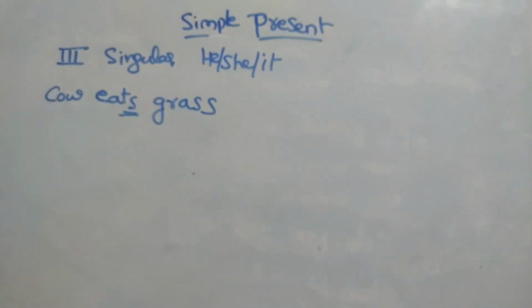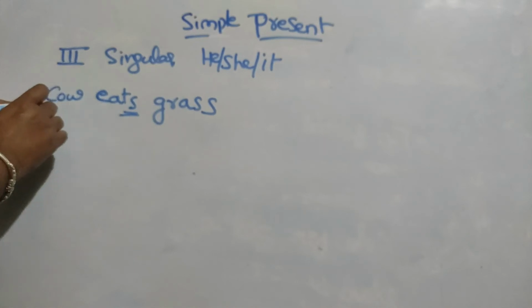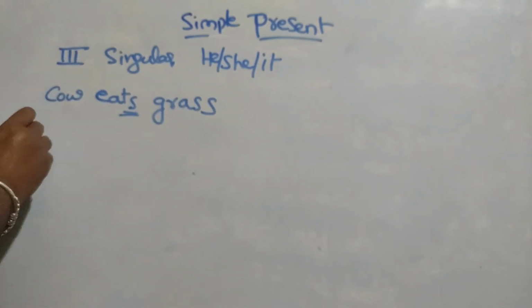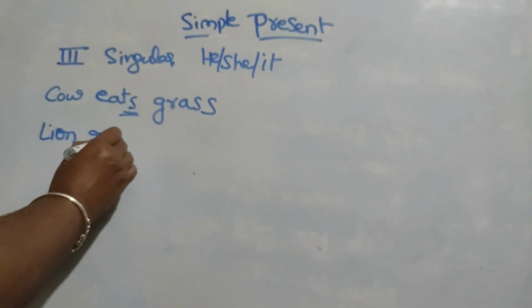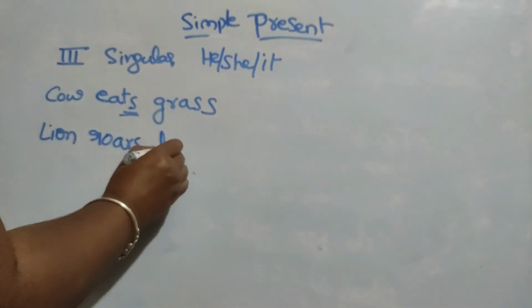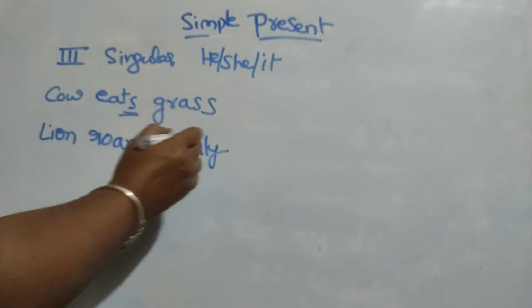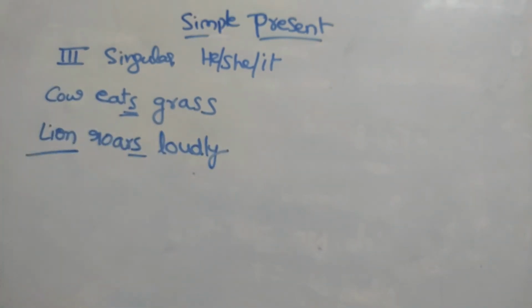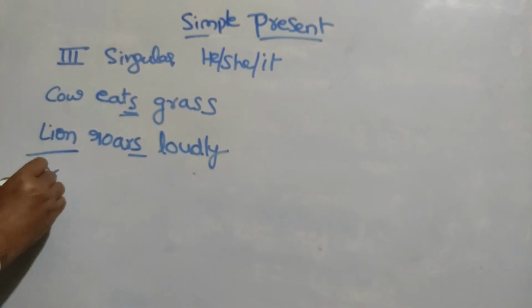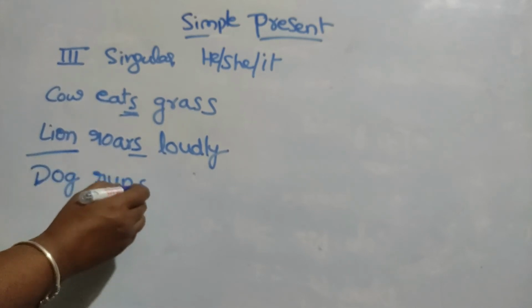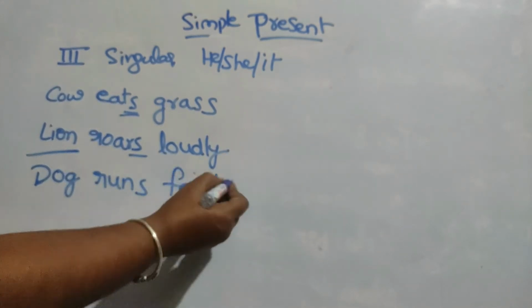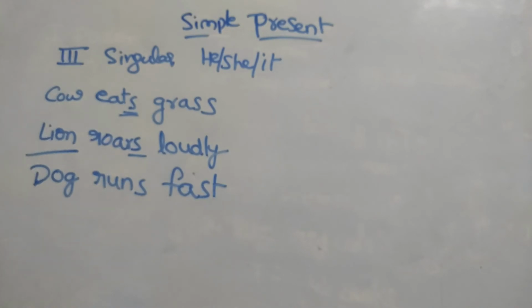So there is an s added to eats, because cow is third person singular. Lion roars loudly. Lion is third person singular, so s has been joined to the roaring. Dog runs fast. So s is added to the verb.